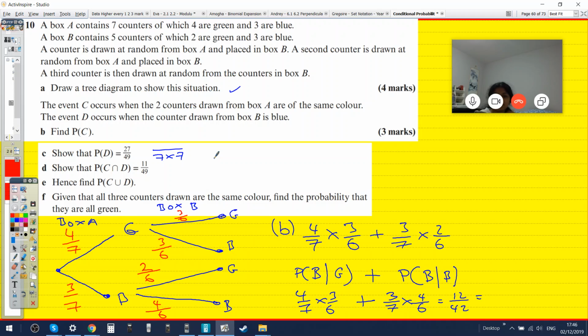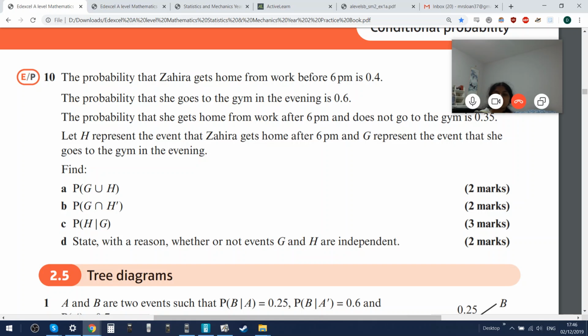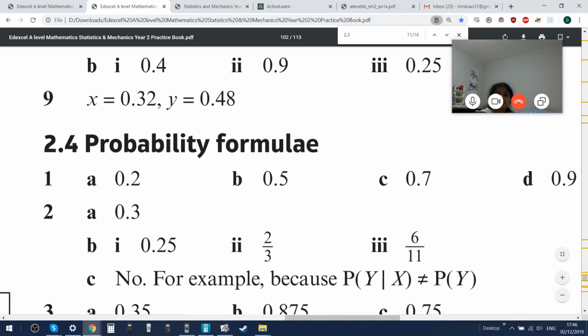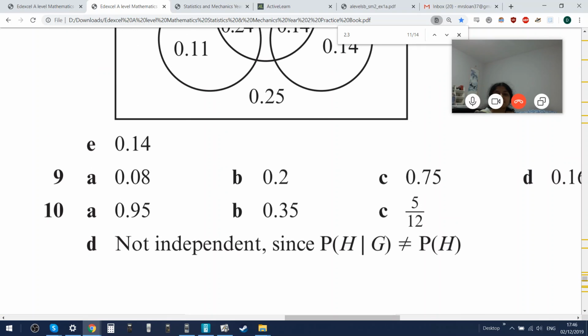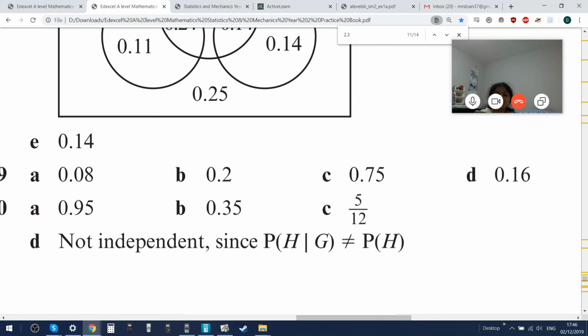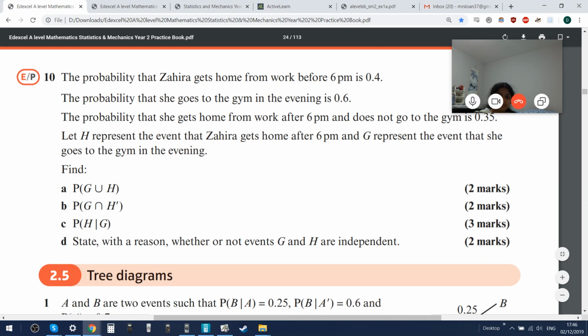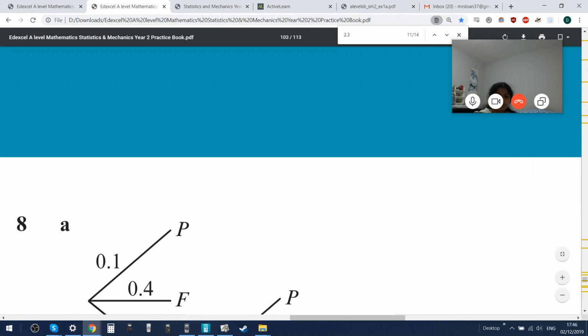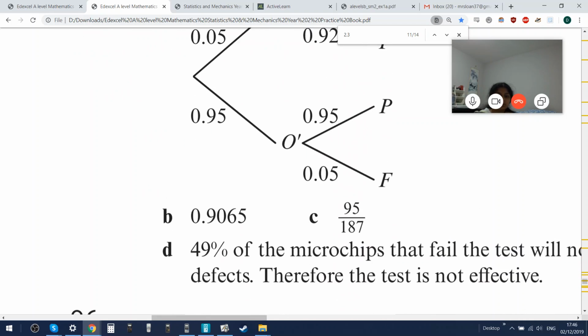Maybe. Let's see. So this is question 10. Why did I have to pick the hardest one? Question 10. Did you notice, I only just have the answer. I don't have the thing, do I? So is this even the right one? Tree diagrams, question 9.